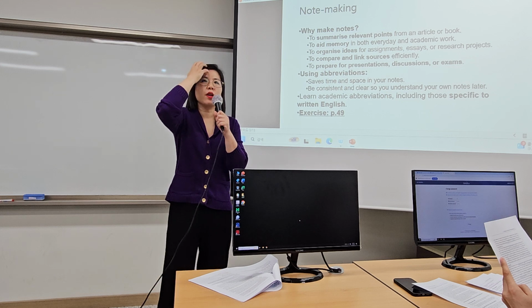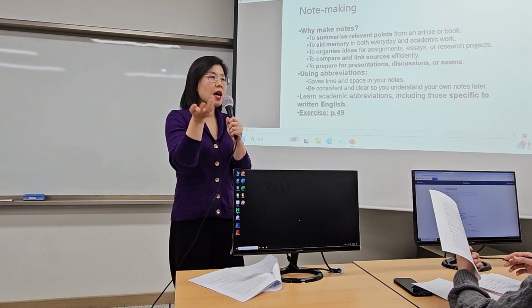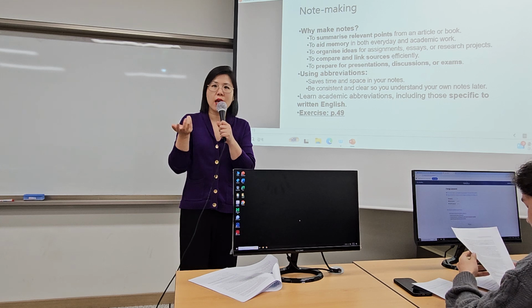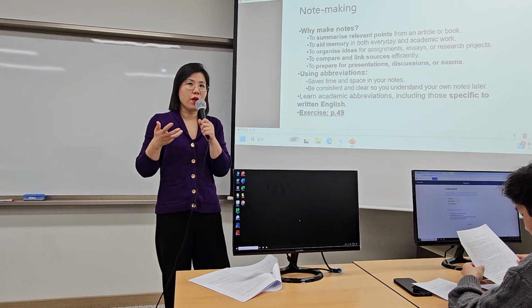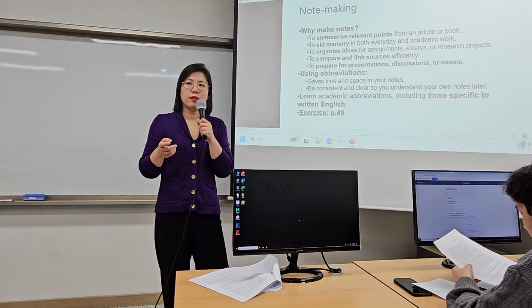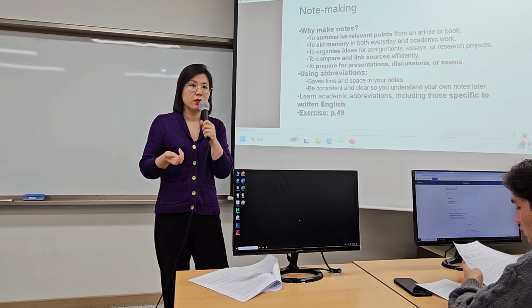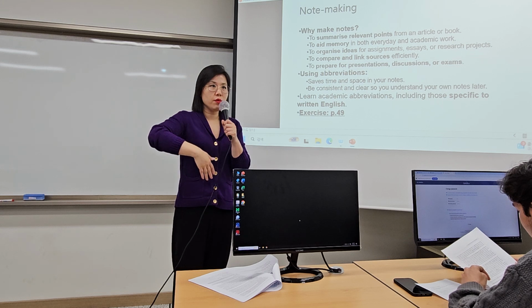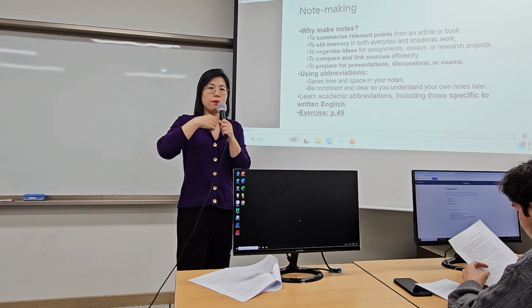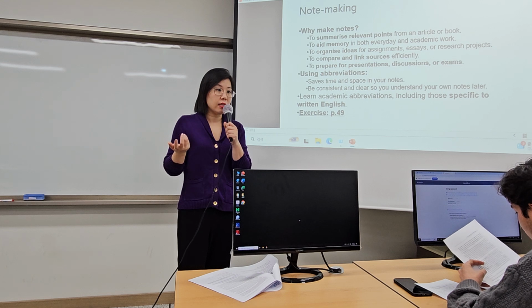So say you're given this essay question, which is asking you how we can reduce carbon dioxide emission through various means, right? And then you go into the library and you find about 20 books or journal articles. You skim through them by reading the abstracts or table of contents, right?